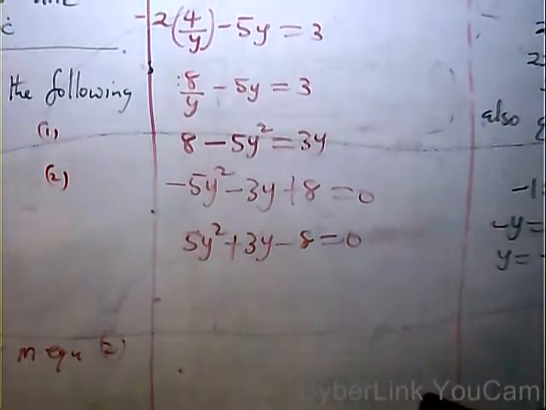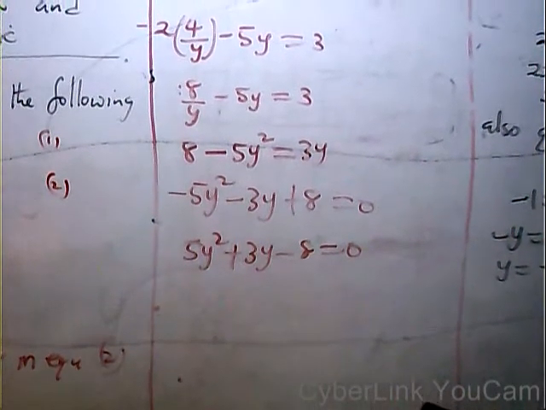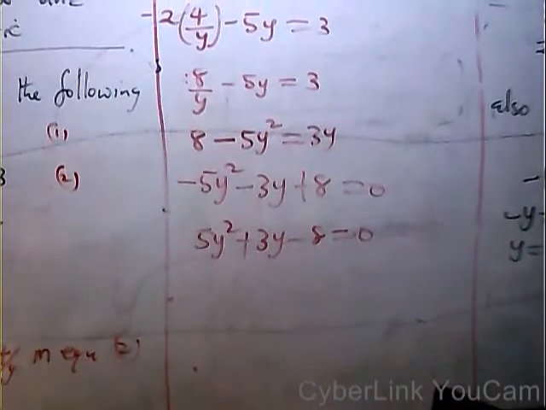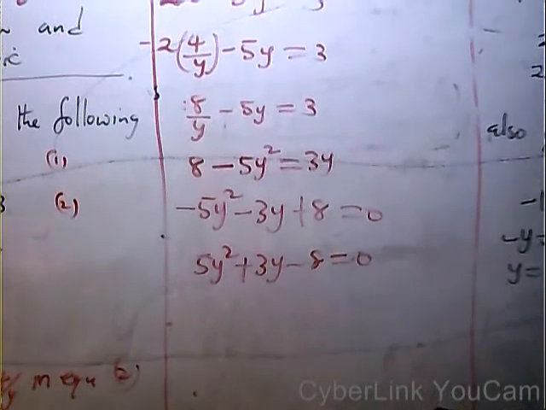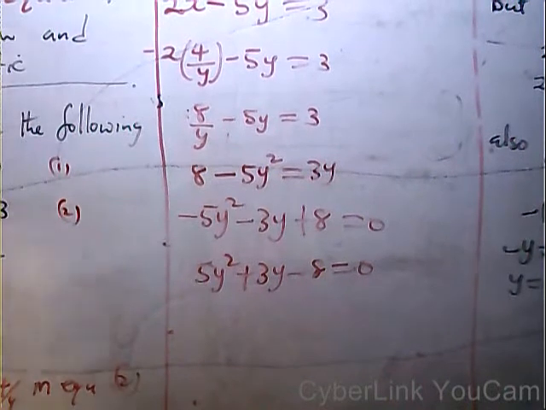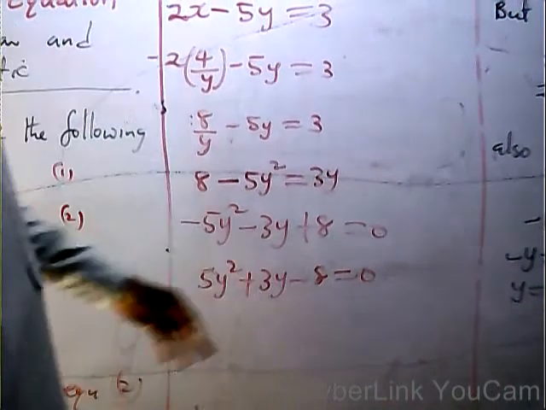After that, I can now look for the factors such that if I add two numbers together, I will get 3, and when I multiply, I will get minus 40.